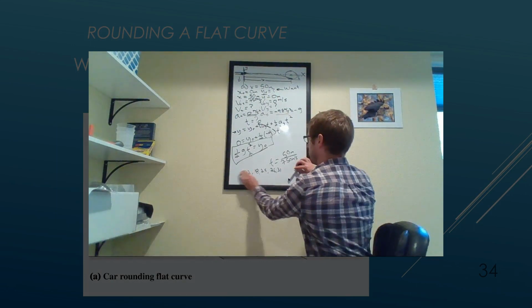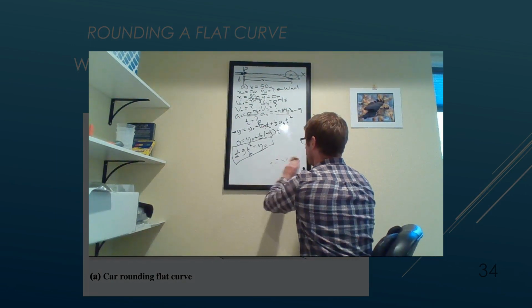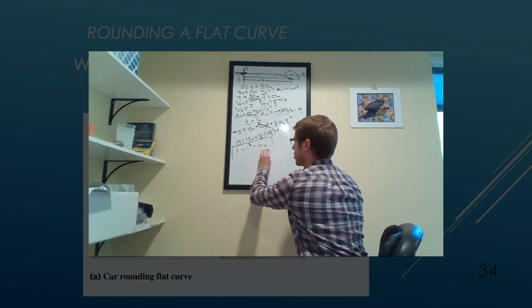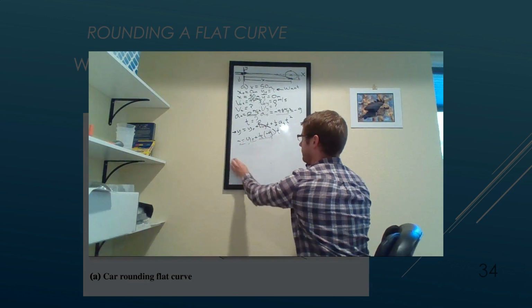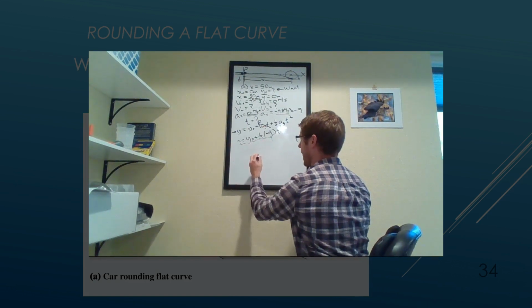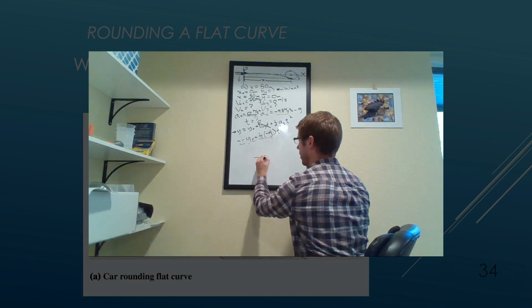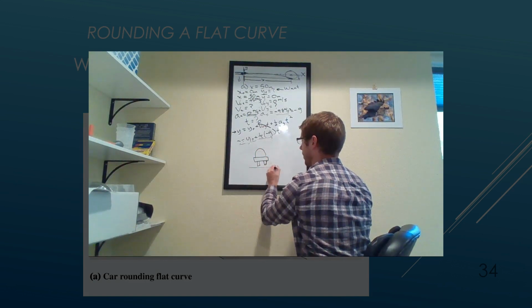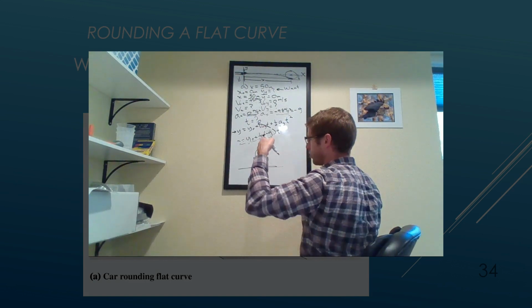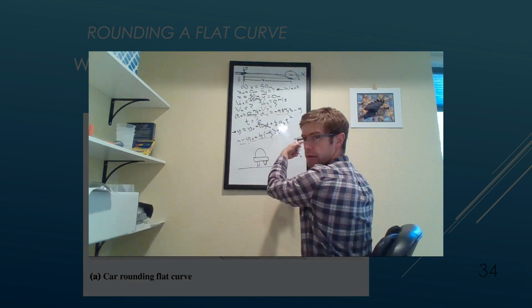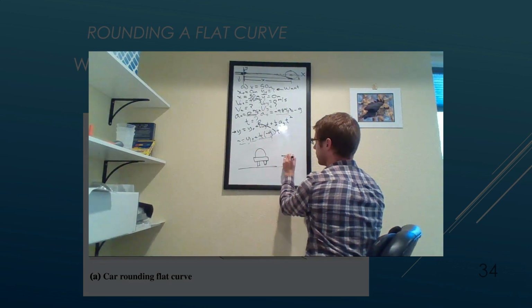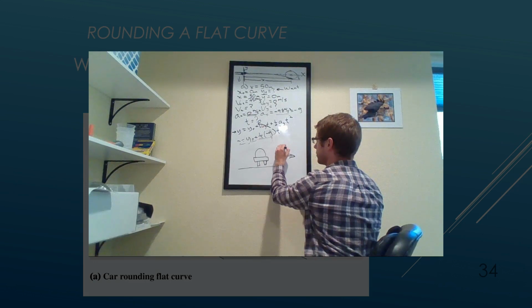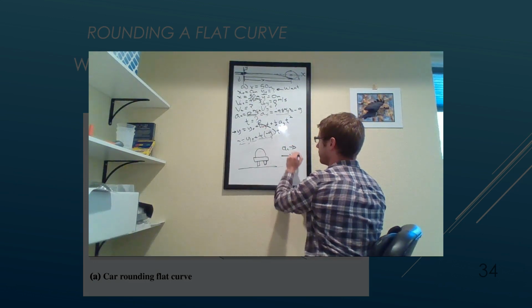All right. So what I'm saying here is if we have a vehicle that's turning, if we're looking at the back of the car, so here's the car. Now you get to see my beautiful artistic abilities. Okay, here's the car. It's on the road, right? And it's going into the board, and it's going to be turning right, all right? So it's turning this direction. That means that its centripetal acceleration must be this direction.